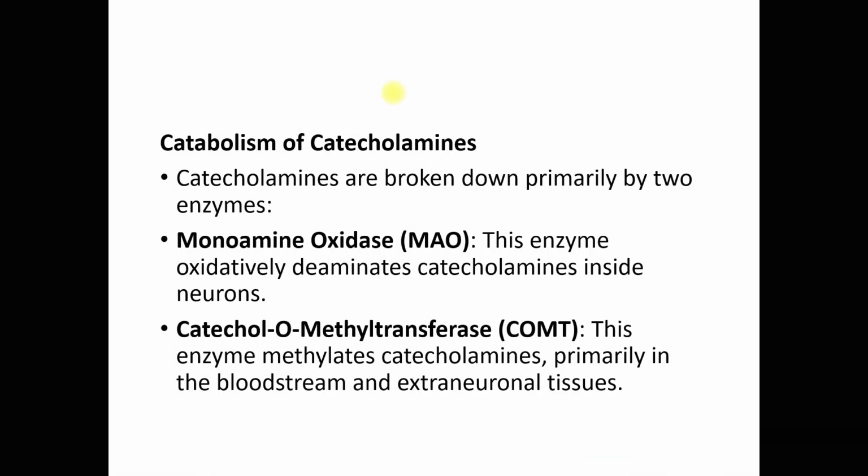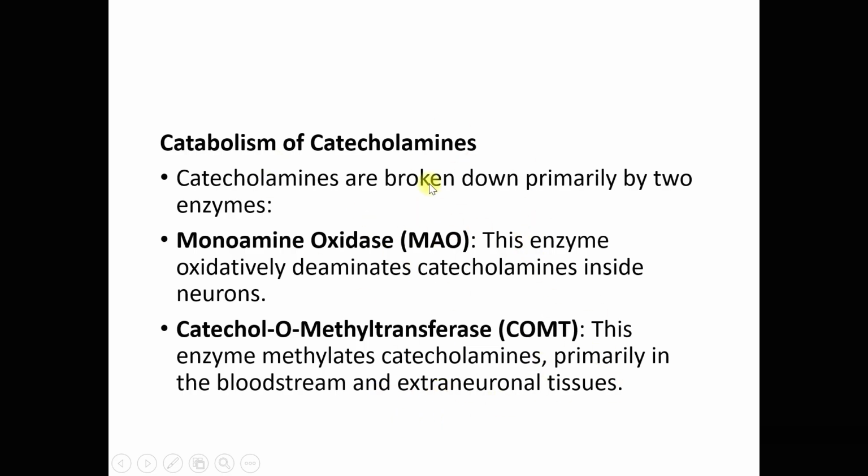Now let's see the catabolism of catecholamines. Catecholamines are broken down primarily by 2 enzymes, monoamine oxidase and catechol O-methyltransferase. Monoamine oxidase oxidatively deaminates catecholamines inside neurons, and catechol O-methyltransferase, or COMT, methylates catecholamines primarily in the bloodstream and extraneuronal tissues.